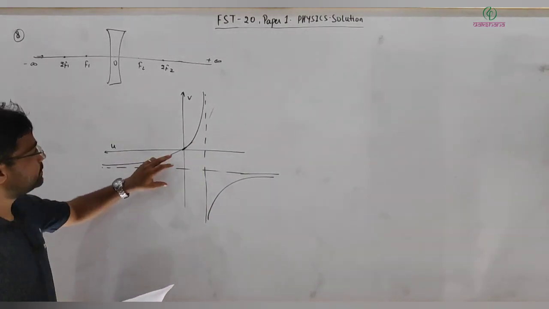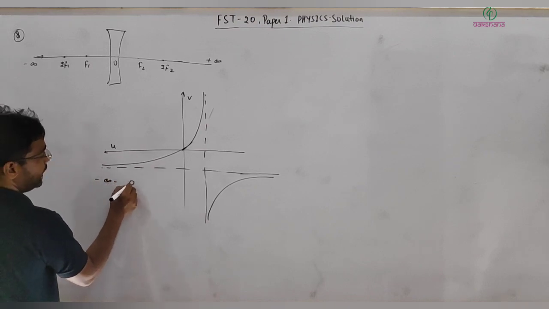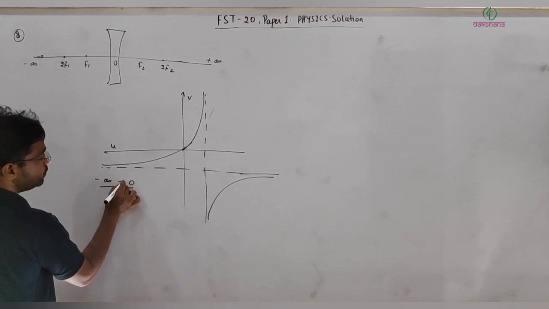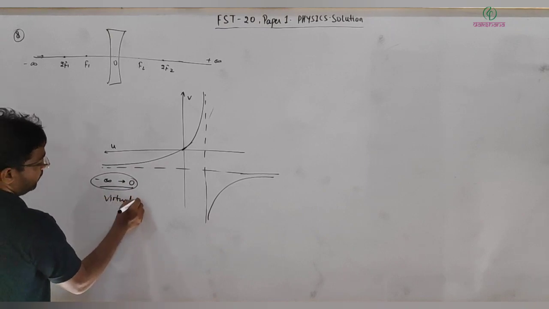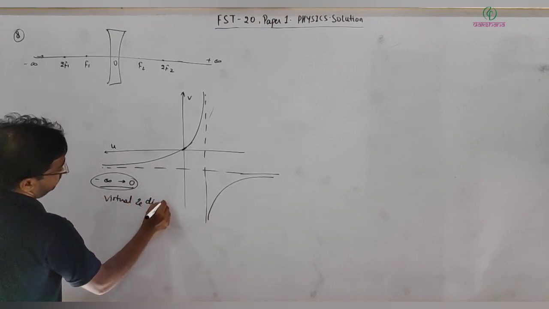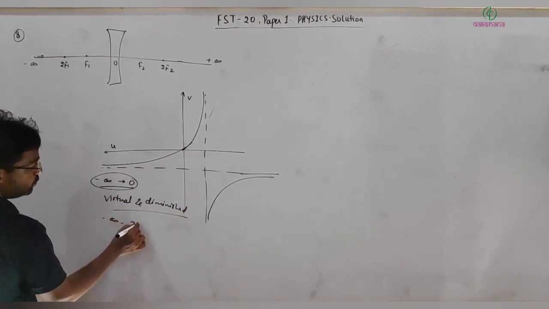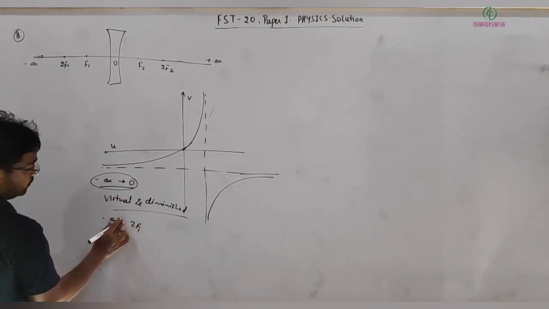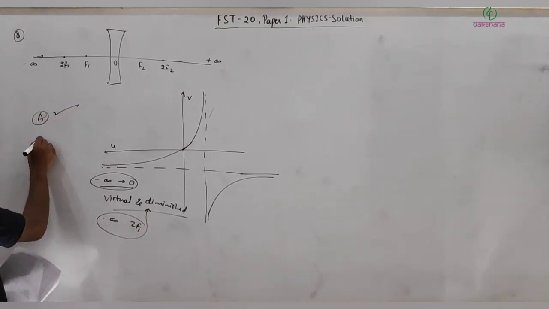In this region V is from minus infinity to 0, and you can say it's virtual and diminished. So definitely from minus infinity to 2f1 also it will be the same thing. So A is the right option.